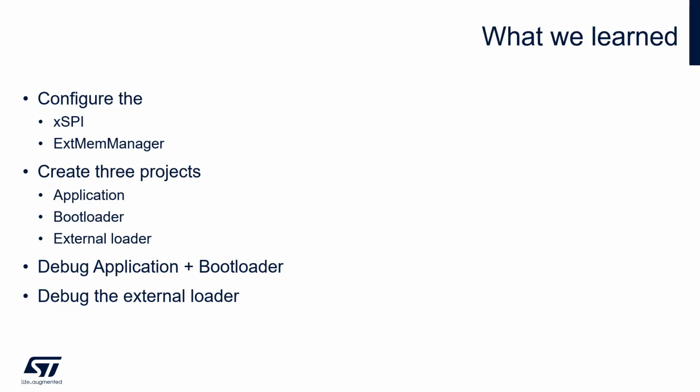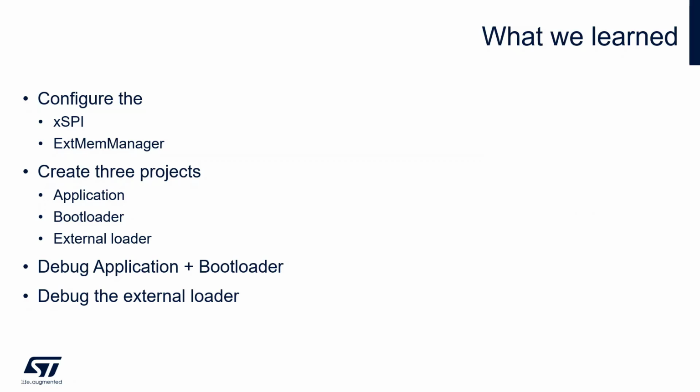We mainly created the application, and this is because of the SFDP protocol inside the OSPI memory. I also showed you how to debug the application with the bootloader, so it will behave as a normal project for you, and also that it's possible to debug or simulate the debug of the external loader.